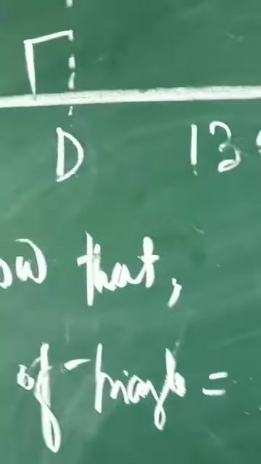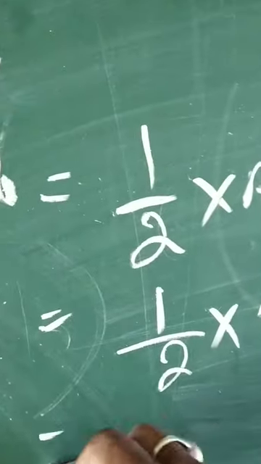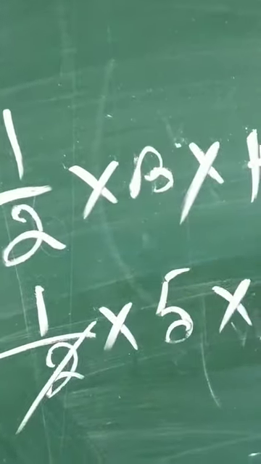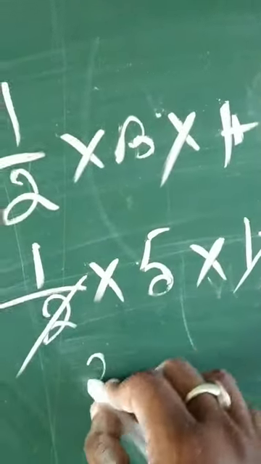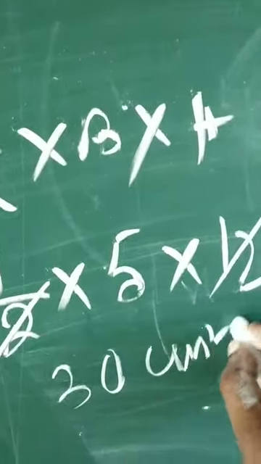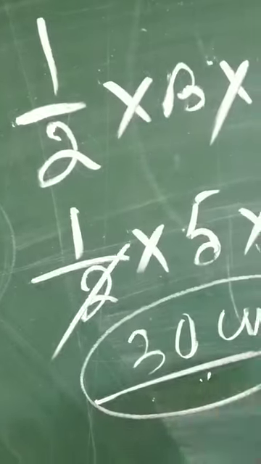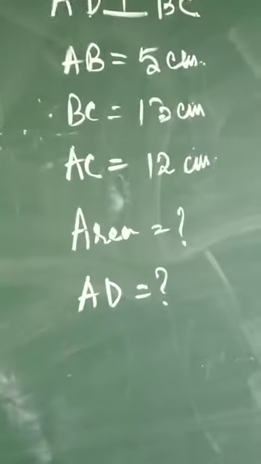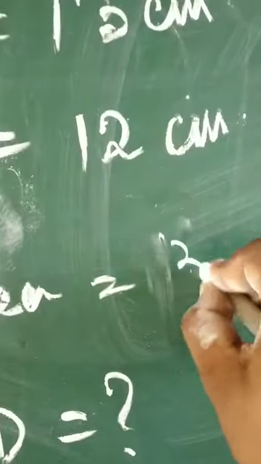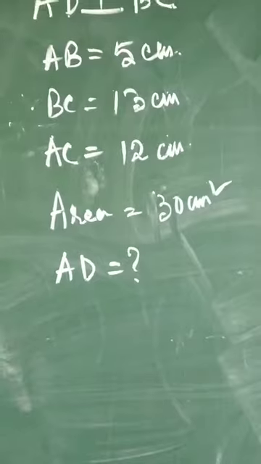I'm considering AB as the base and AC as the height. 2 sixes are 12, it got cancelled. 5 sixes are 30 centimeter square. The area of triangle ABC is 30 centimeter square. I already got one answer.